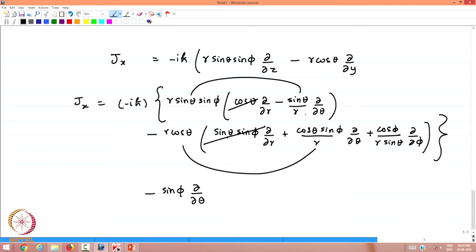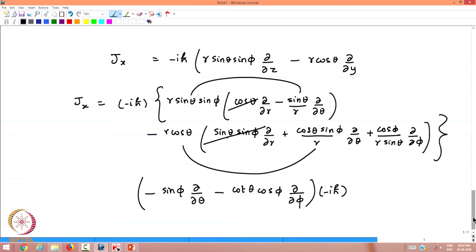You have seen that there is a minus sign here. So, you get minus cos θ by sin θ, which is cot θ, and the r goes away, and you have cos φ ∂/∂φ, times minus iħ.